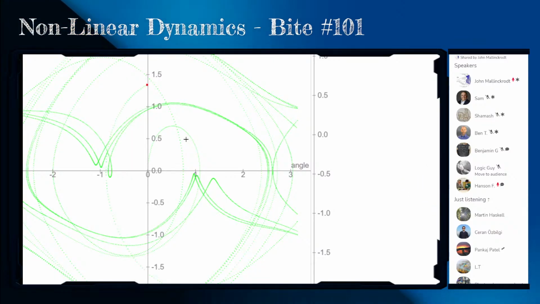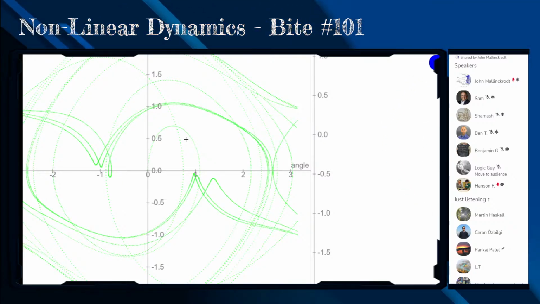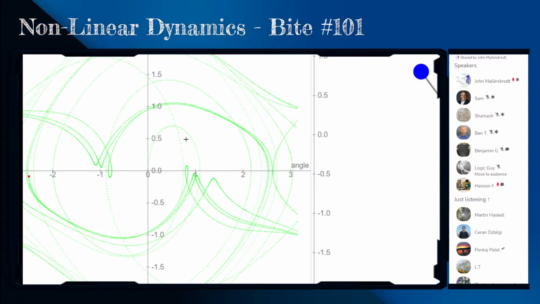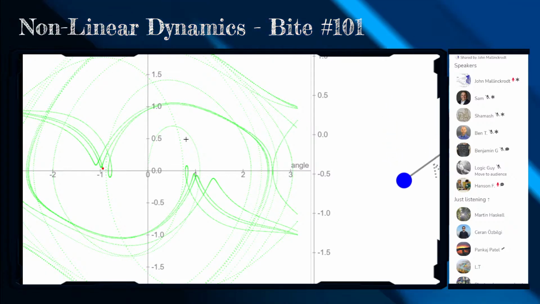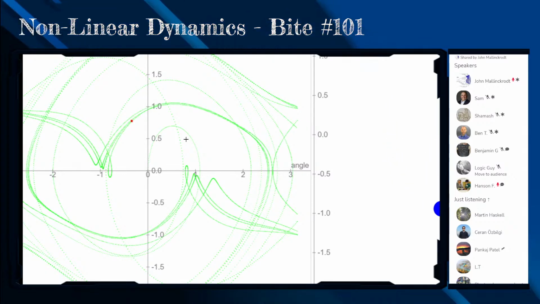And then it can go to period four, period eight, period 16. Those doublings come quicker and quicker, a Feigenbaum constant kind of thing. And they then go into chaos, where the pendulum itself will never repeat the motion, no matter how long you wait. Now, in reality, that never happens, because you can't ever get anything to be as precise as you can mathematically.